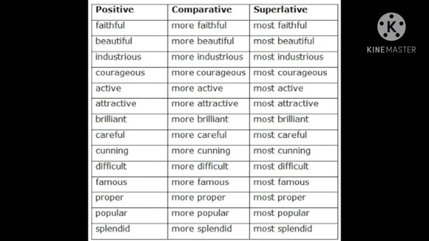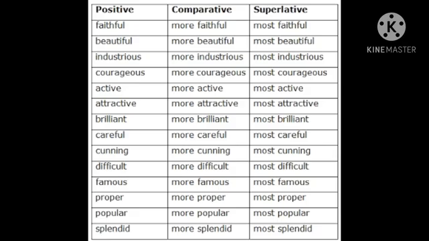So if you see the degrees of comparison of some adjectives: faithful, we can use more faithful and most faithful. We cannot use er and est. Beautiful, more beautiful, most beautiful. Industrious, more industrious and most industrious. Courageous, more courageous and most courageous. Active, more active, most active. Attractive, more attractive, most attractive.